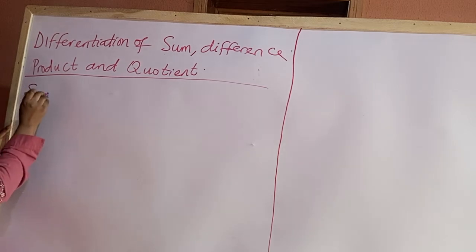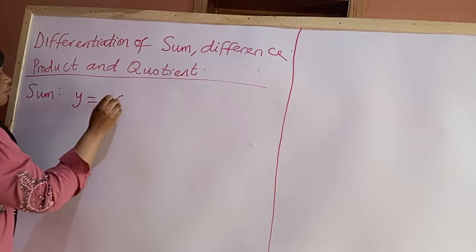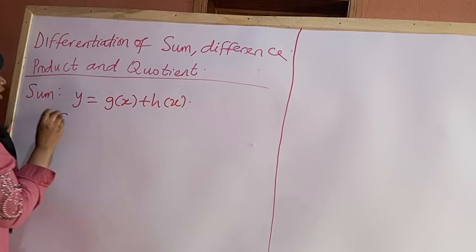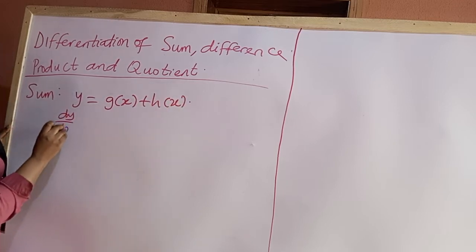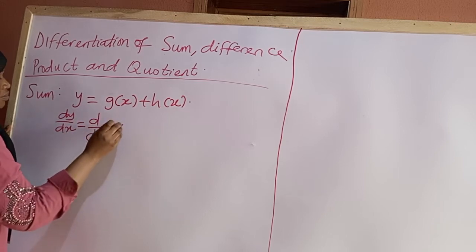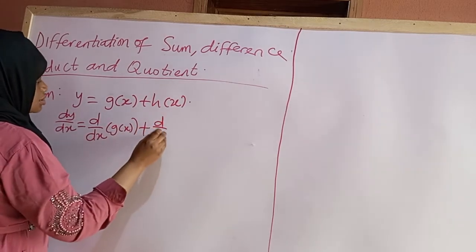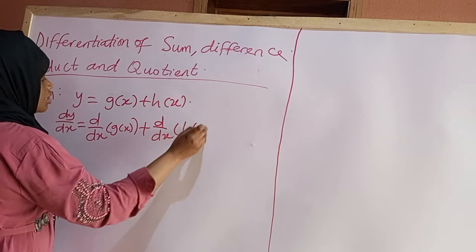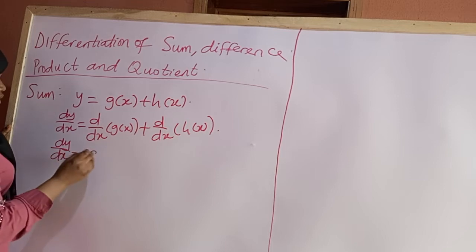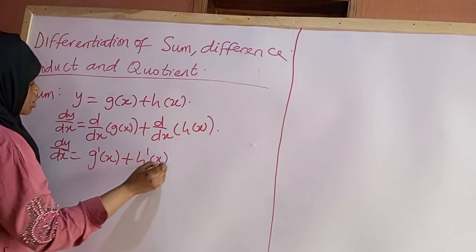So for the sum, if we have y equal to g of x plus h of x, then dy/dx will be equal to d/dx of g of x plus d/dx of h of x, which will be g prime of x plus h prime of x.